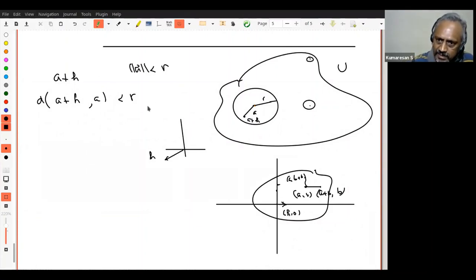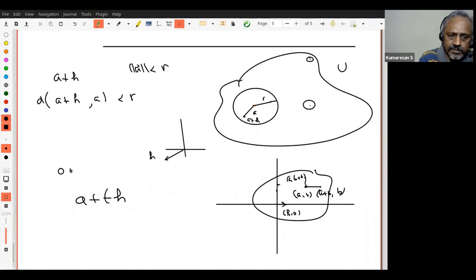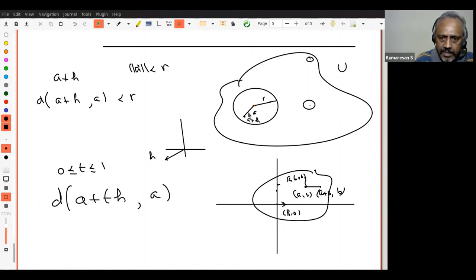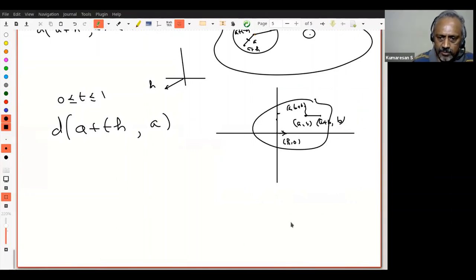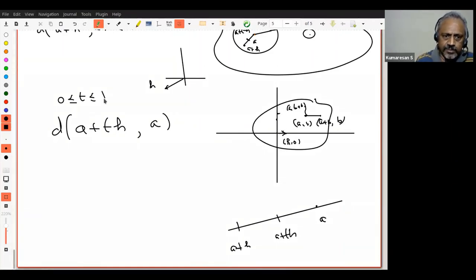Now let's look at A plus T times H, for 0 less than or equal to T less than or equal to 1. What is the distance between this point and A? I will magnify the picture so that all of you can see. This is my A, this is my A plus H, and this is my A plus TH, where T lies between 0 and 1.